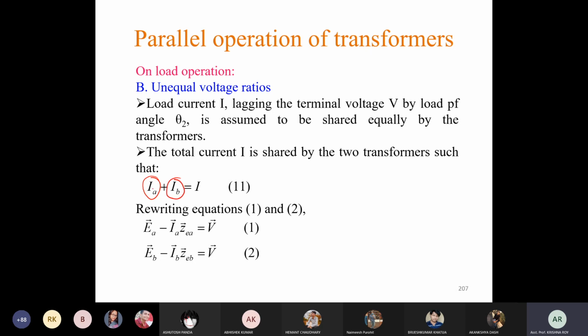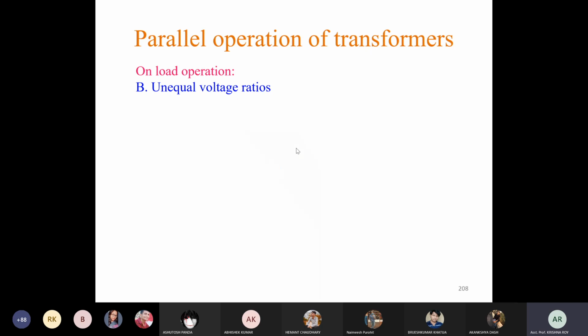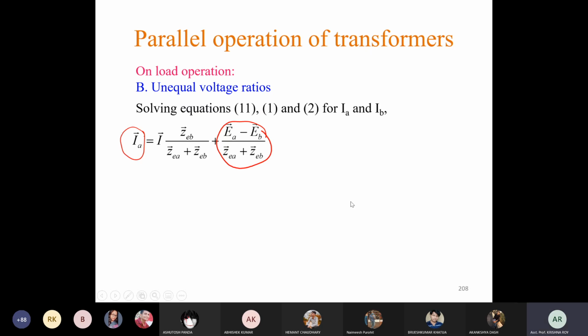You can try it by yourself. So I am writing it directly, and see, this is IC equals EA minus EB by ZEA plus ZEB.